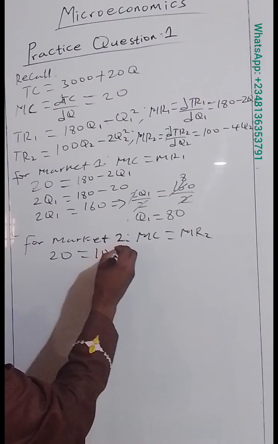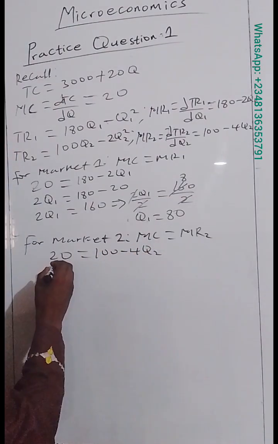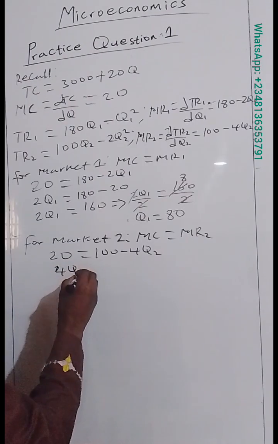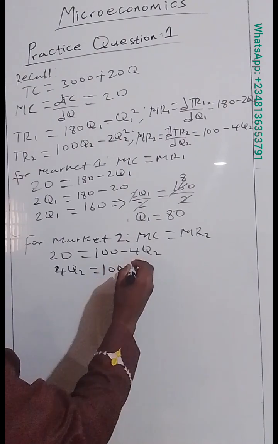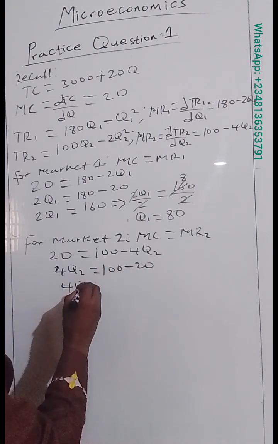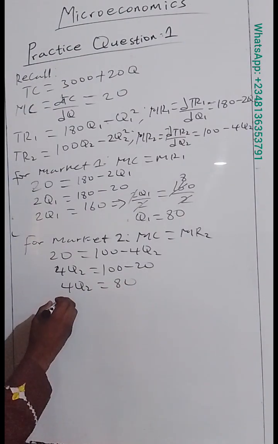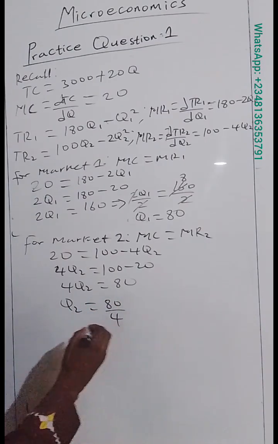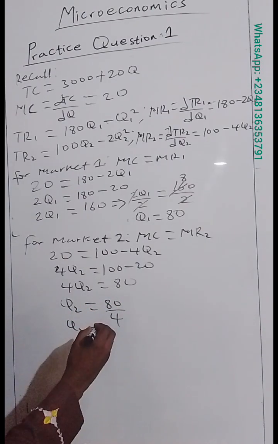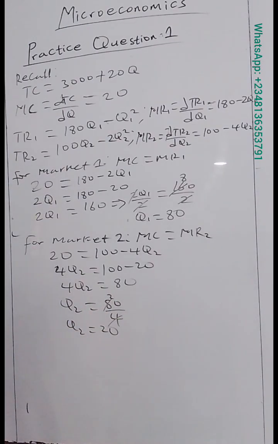MR2 is 100 minus 4Q2. Then we collect the like terms: 4Q2 equals 100 minus 20, so 4Q2 equals 80. Then we divide both sides by 4, so Q2 equals 80 over 4, and Q2 will be equal to 20. In other words, the total output sold in market 2 is 20 units.